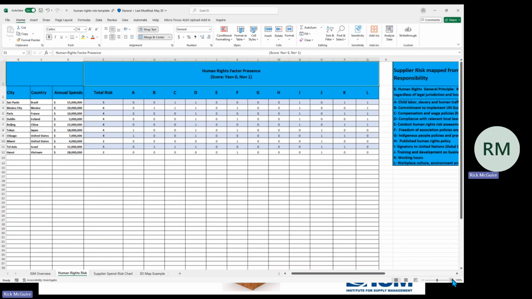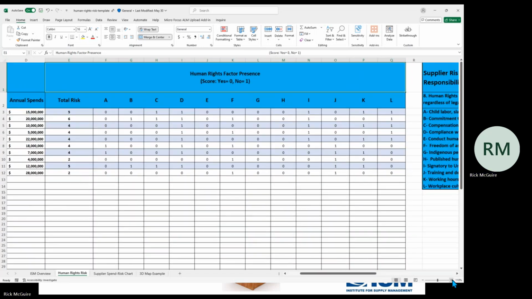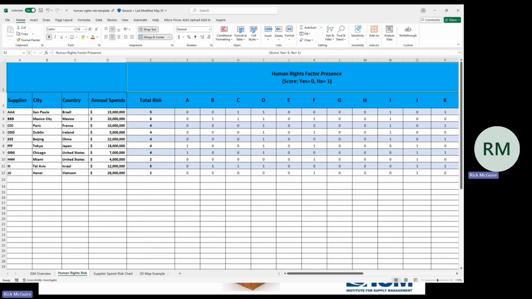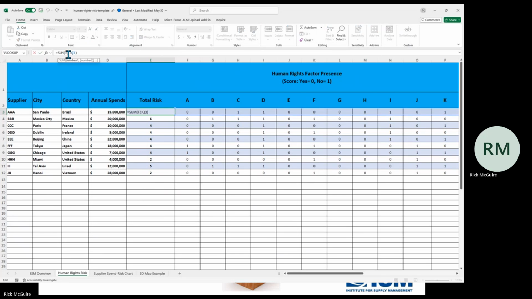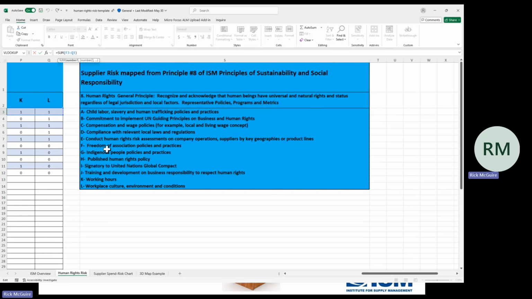Here's the risk tab. Let's get it big enough so we can read it. Here's the human rights general principle. Recognize and acknowledge that human beings have universal and natural rights status.